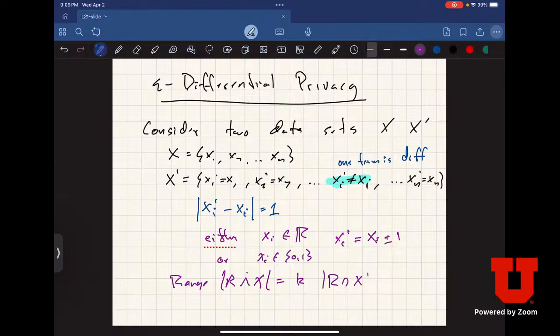Range intersect x prime will be some number k prime, and we'll say k minus k prime is equal to 1. So these will be two data sets that are off by 1 on any query we ask. Think of the binary x values as people who have cancer, and the zeros as people who don't have cancer, or a bunch of scalar values where one of them is off by 1. So we're going to consider these two data sets.